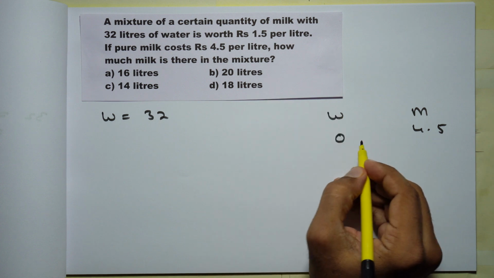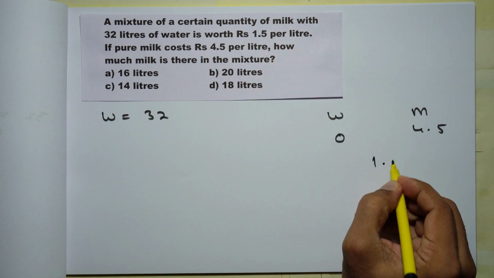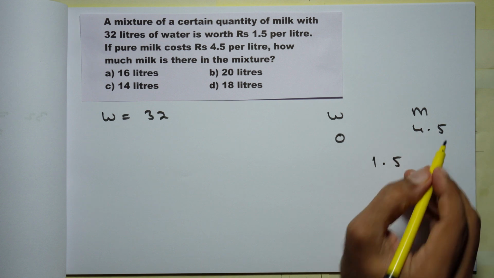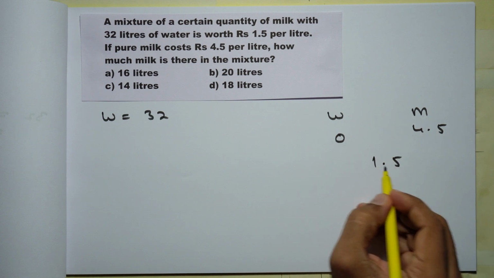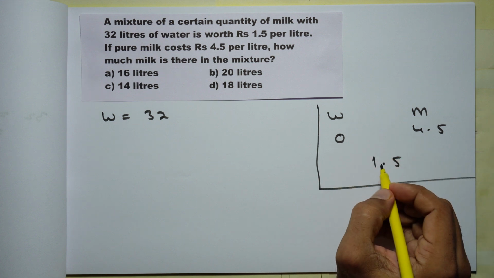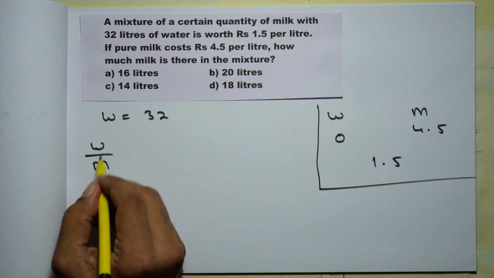And the mixture price or mean price is 1.5 rupees per liter. So we'll find out the ratio in which they have been mixed, so that the mean price or mixture price is 1.5 rupees per liter. So we'll just substitute into the mixtures and alligations formula, that is quantity of water to quantity of milk.